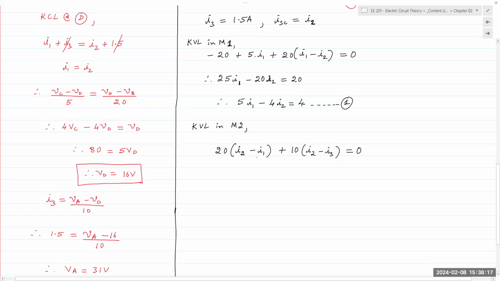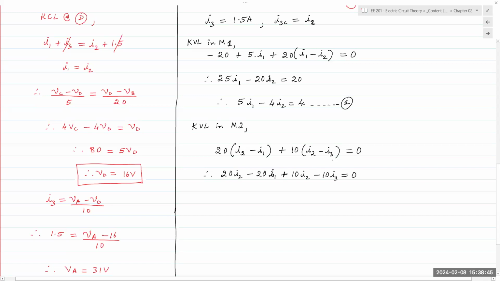Expand the terms and reduce the equation, and I would get 20 times I2 minus 20 times I1 plus 10 times I2 minus 10 times I3 is equal to 0.